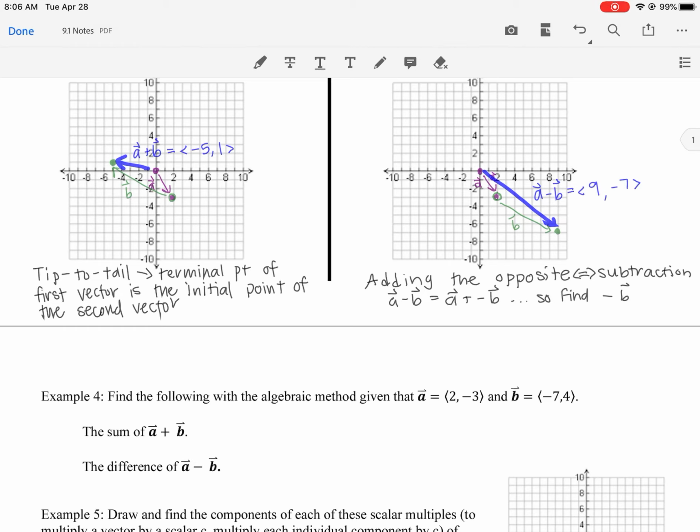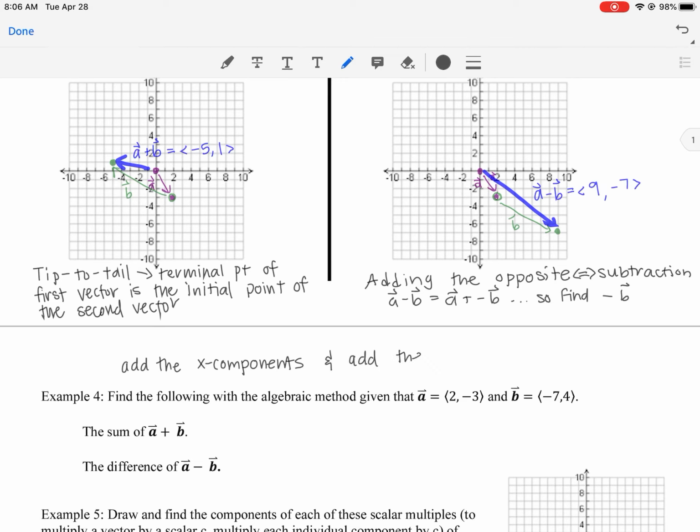A and B, and they're still going right 2, down 3, and left 7, up 4. If we want to talk about it algebraically, the way that we do it is we simply add the x components and add the y components.